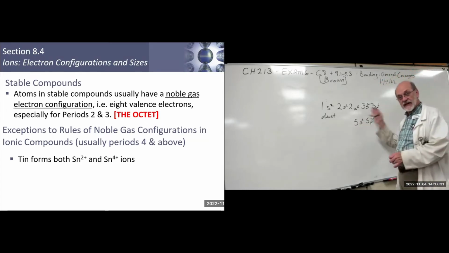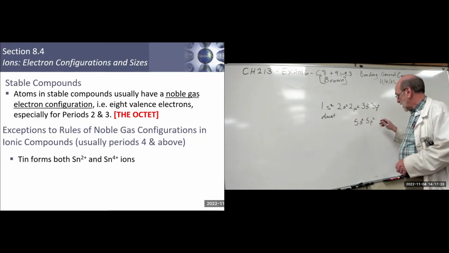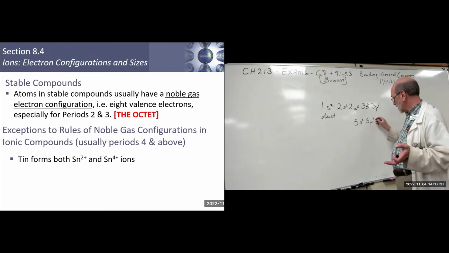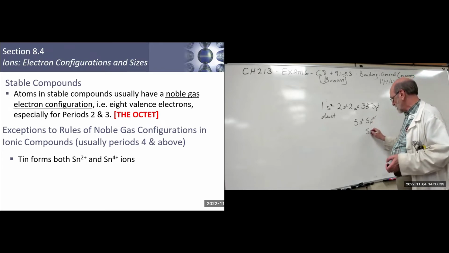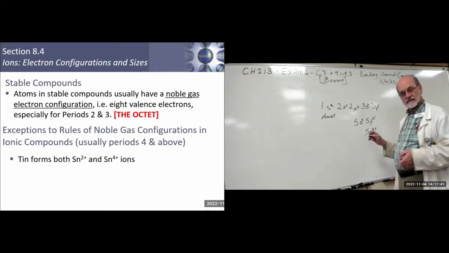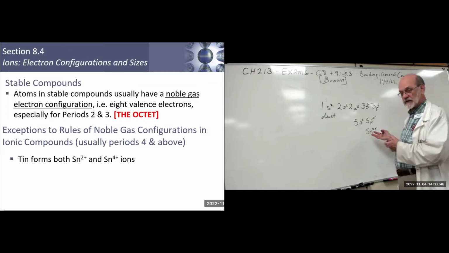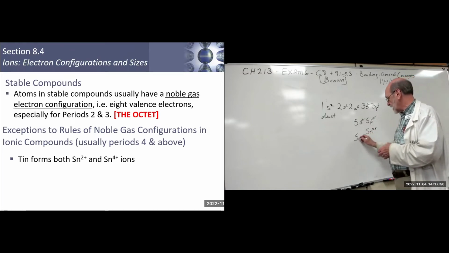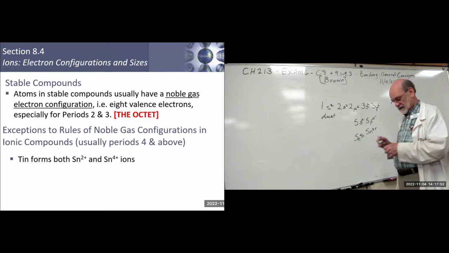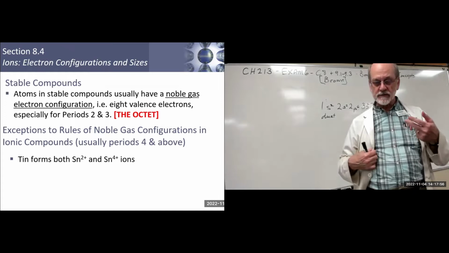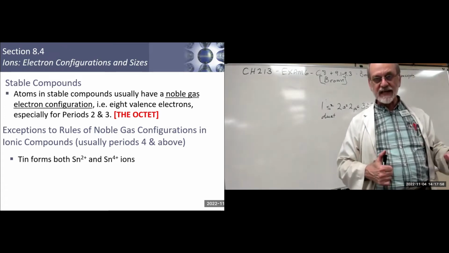Those are its valence electrons. If we lose these two, what's its charge? If we lose these two, then we have Sn2+, right? 2 electrons gone, two protons left over, 2+. If we lose both of them, then we have Sn4+. That explains the predominance of 2+ and 4+ charges for tin.